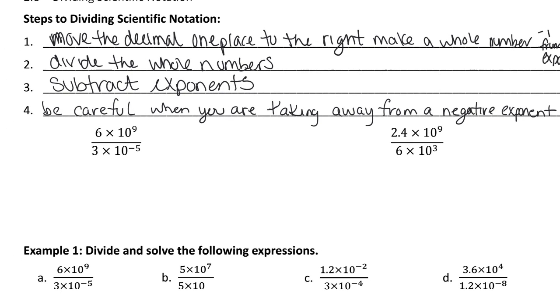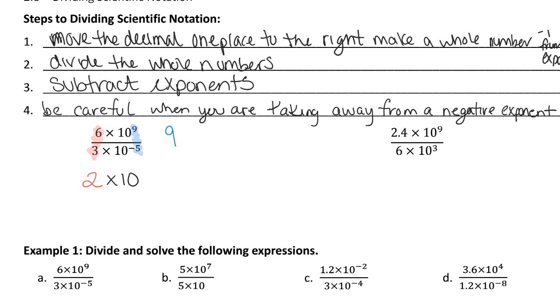All right, so looking at this, the first thing we do is, are there decimals here or here? No. So then we divide those numbers. So 6 divided by 3 is 2. We leave the times 10. And then we subtract our exponents.